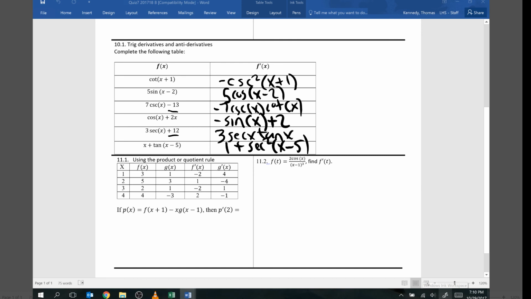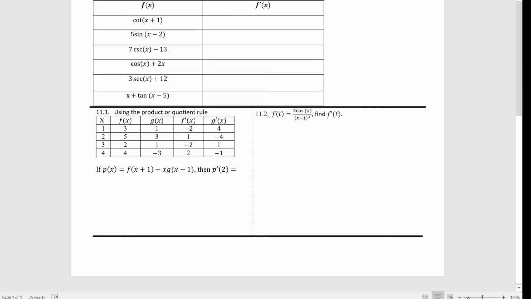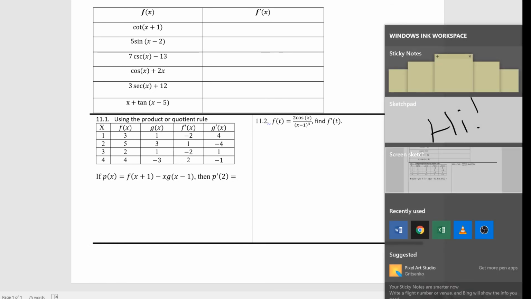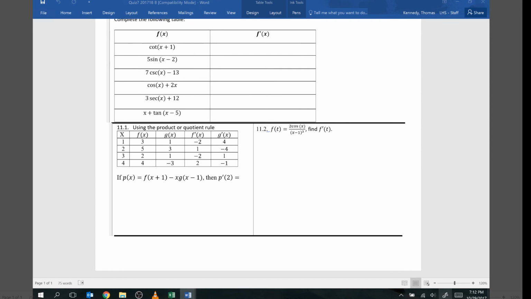Alright, so the bottom one kind of threw people for a loop. I'm going to do a new screen sketch, so let's pull this up. Oh geez, it's already at the bottom. A lot of folks, when they looked at this thing, they were like, cool, this is A and this is B, but the problem is these things aren't multiplied, they're subtracted, so that's not A. Let's erase that.